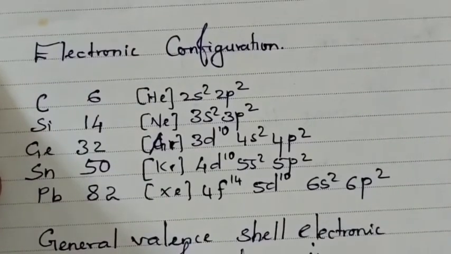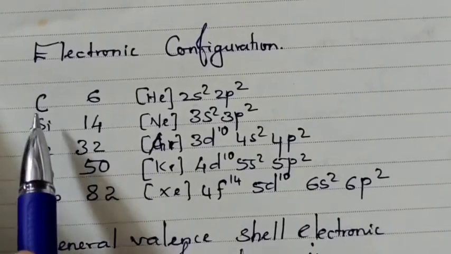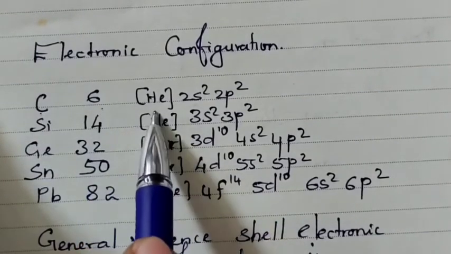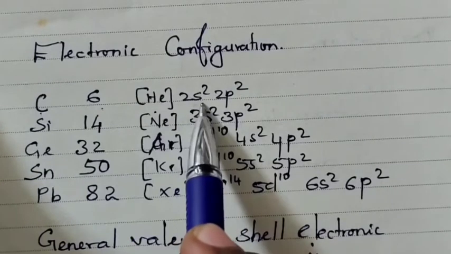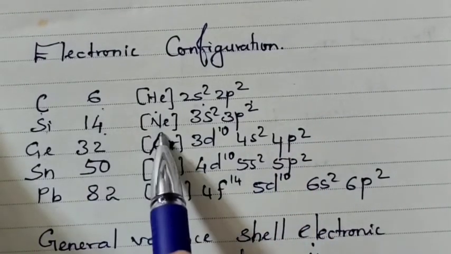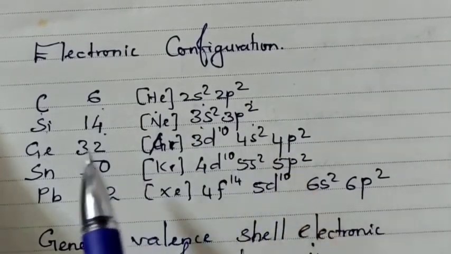Electronic configuration. Carbon, atomic number 6: helium is the inner core, 2s2 2p2. Silicon, 14: neon core, 3s2 3p2.